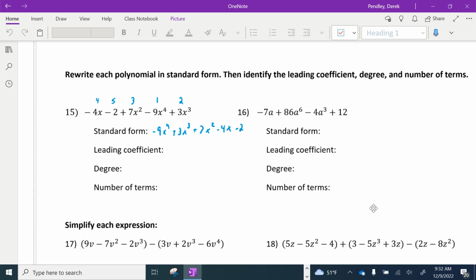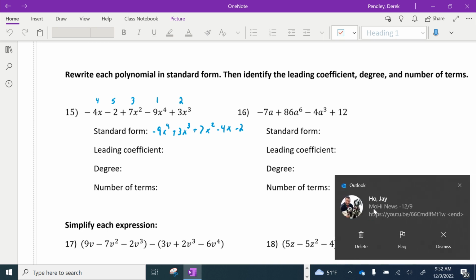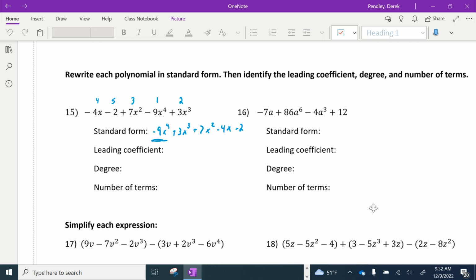So as we go through this example, just remember 16 is going to be very similar. So I'm going to go through that quickly. But here we go. Remember, the leading coefficient is only talking about the highest degree. So once you're in standard form, then it's the first one. A lot of people missed it on the test because they wrote the leading coefficient just that first number out in front. For this one, it was negative 4. And that is incorrect.